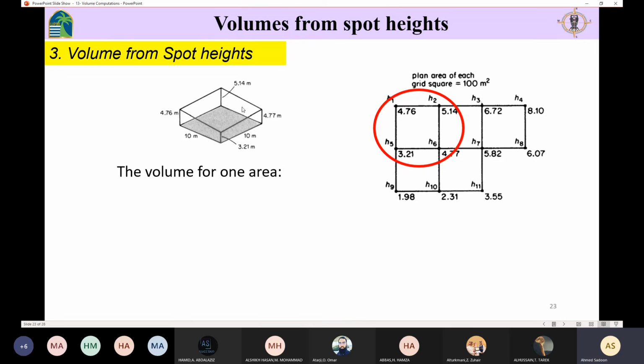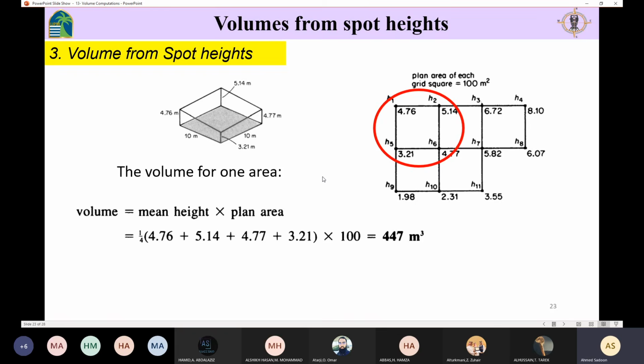The volume for one part, this part like that, is going to be determined by the mean height times the plan area. I need to know the plan area and I need to know the mean height. How many heights do I have here? I have 4 heights. This one and that one and that one and that one. So the mean height is going to be the summation of all these heights over 4 if I have 4 heights.